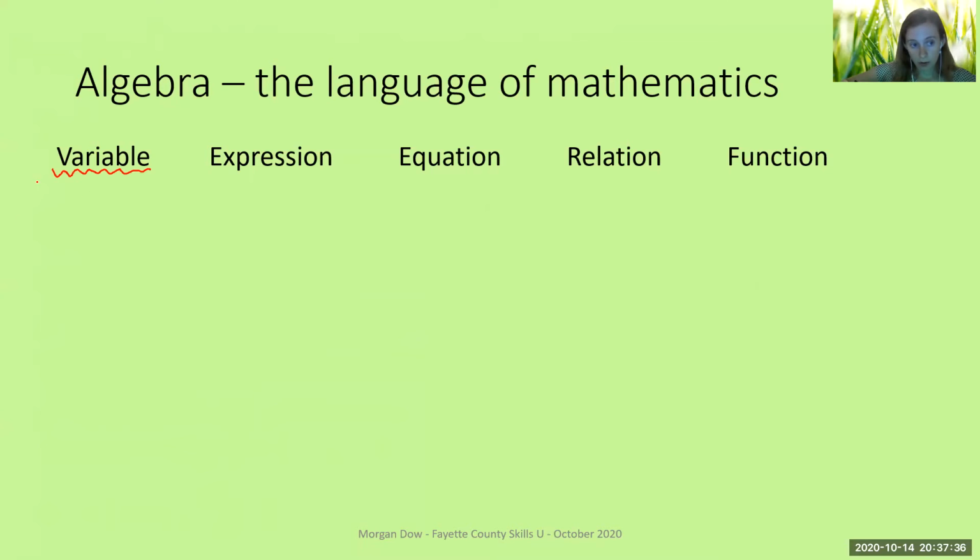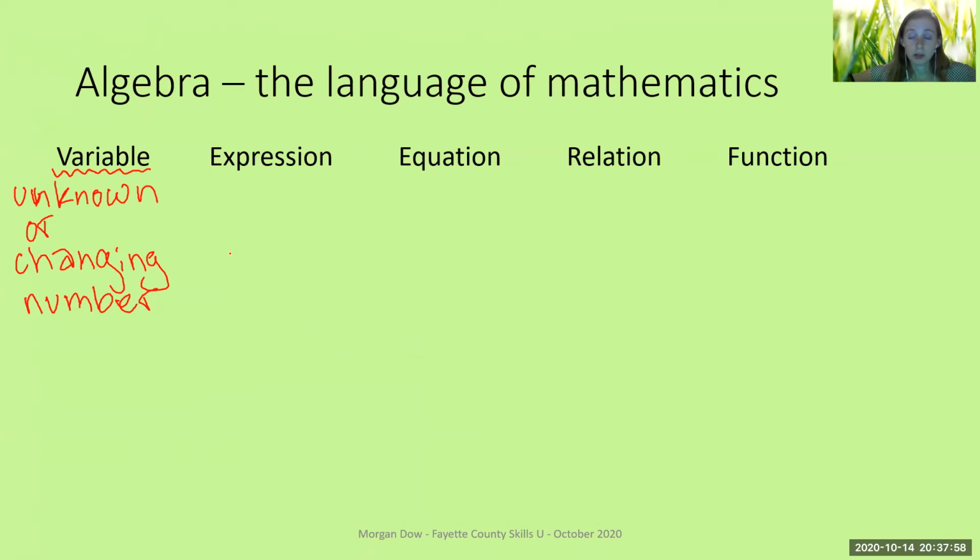So a variable is an unknown or changing quantity or number. So an unknown or changing amount. Usually when we have a variable, we write it using a letter, and usually it's a lowercase letter.